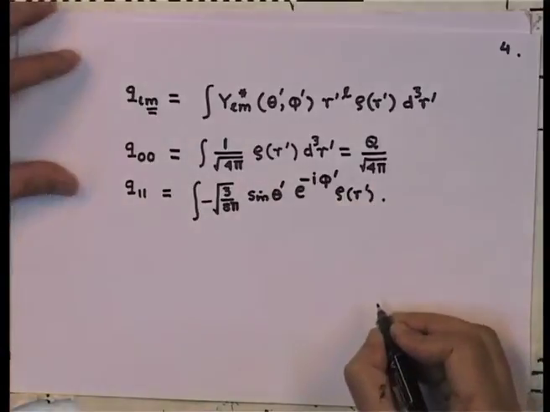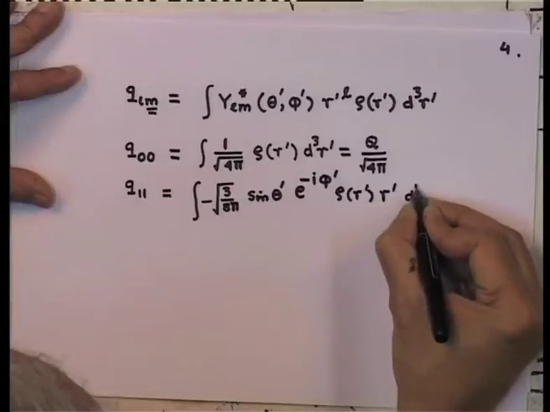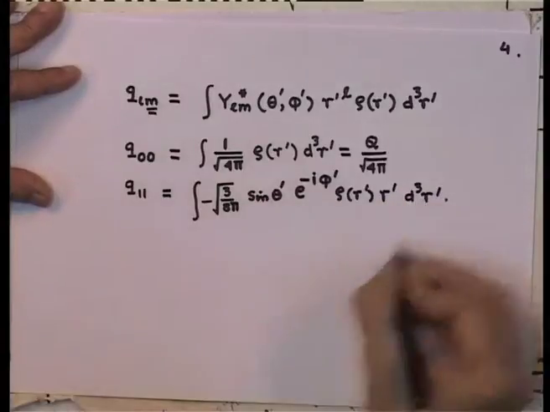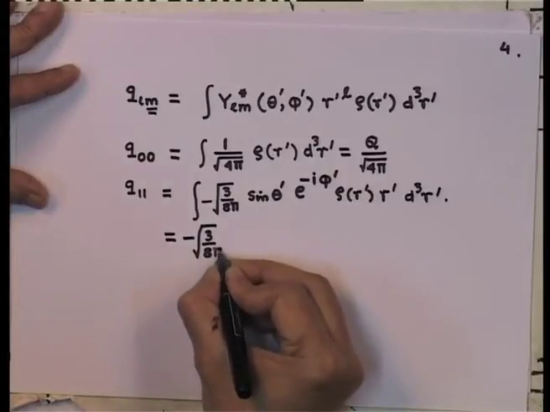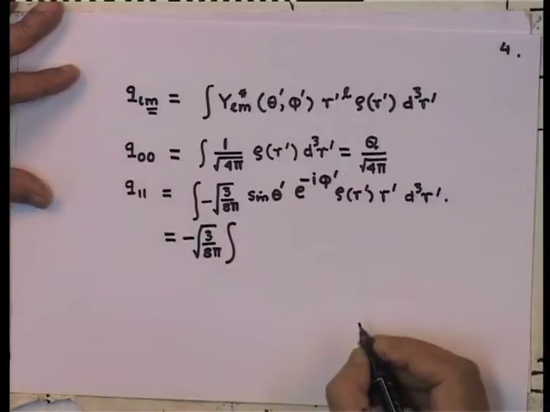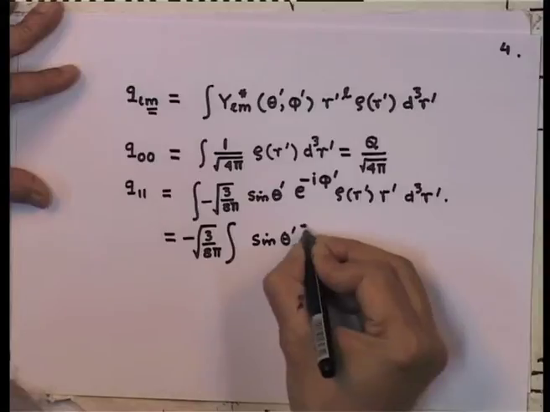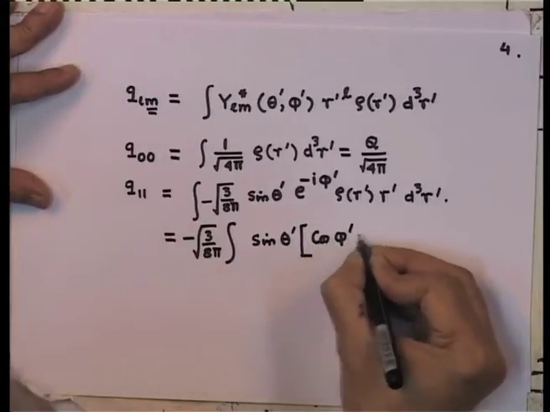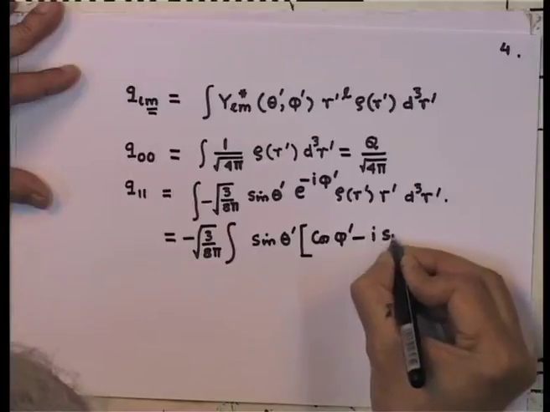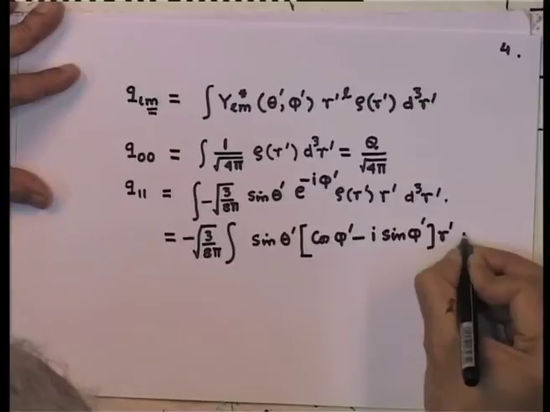Now, I need r prime to the power l, l is equal to 1. So, I have got r prime d cube r prime. Let me write it in a slightly different fashion. This is 3 by 8 pi integral sin theta prime. Now, let me write e to the power minus i phi prime as cos phi prime minus i sin phi prime, r prime d cube r prime.